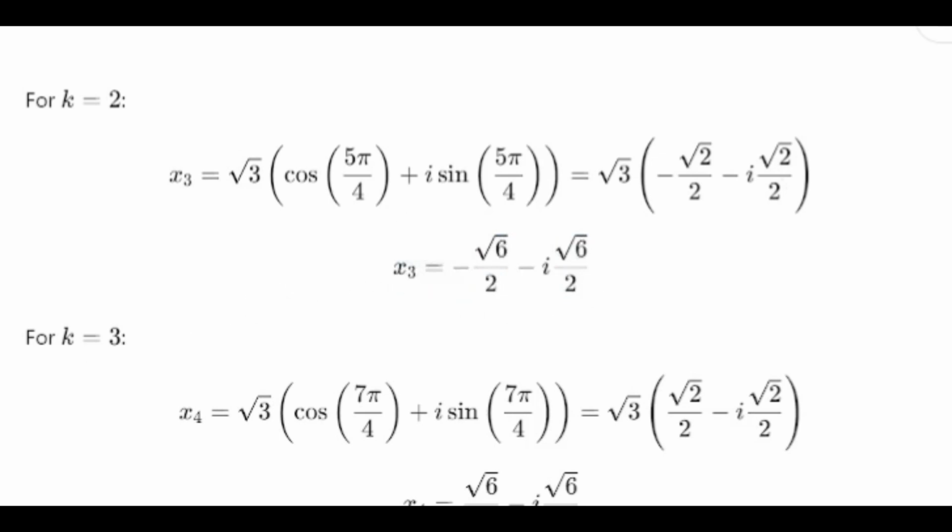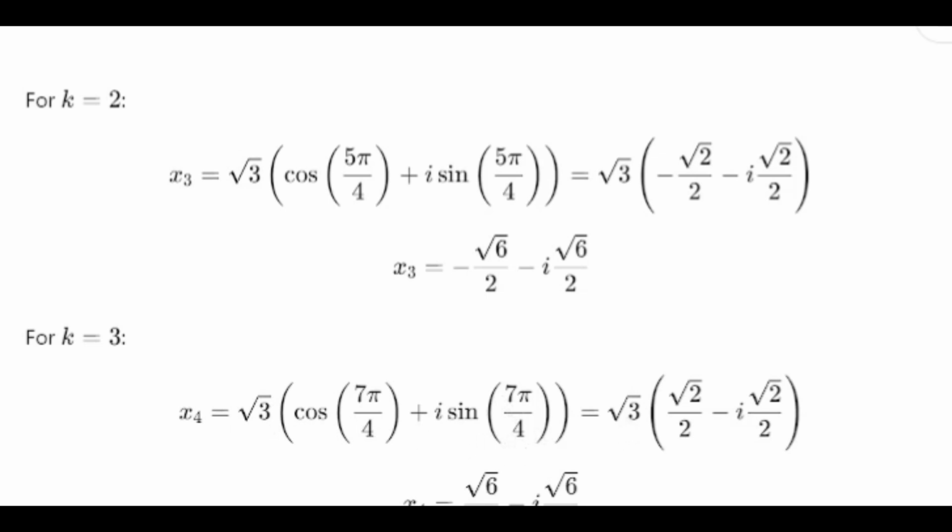Now for k equal to 3, we can now solve for x4. x4 is equal to square root of 3 (cos(7 pi/4) + i sin(7 pi/4)).